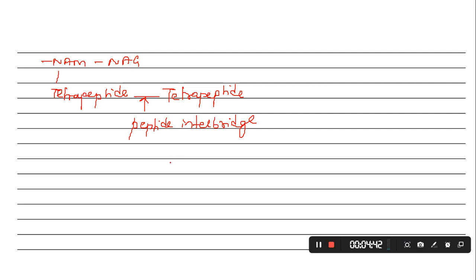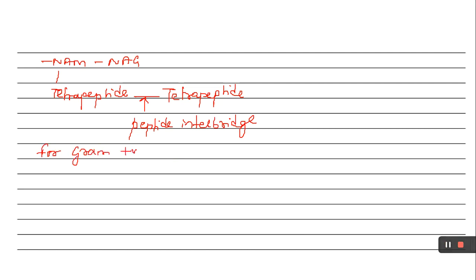One thing you need to know: for gram-positive bacteria, there is a direct cross-linking between the tetrapeptides. This cross-linking is direct.